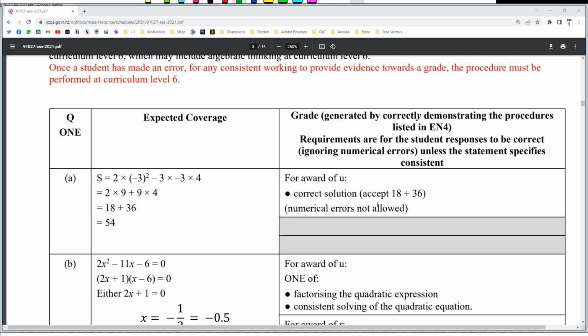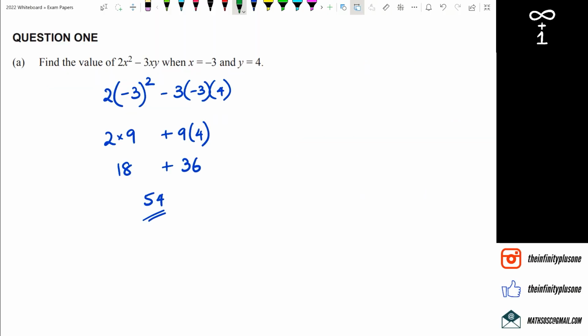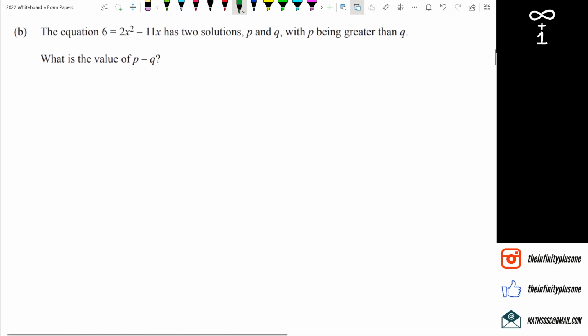But the way I do it, right now this is considered an achieved question, which is what that U means. Notice it also says numerical errors are not allowed, so they want a full answer for this. So I'm going to put that as achieved, and then we move on to the next question.